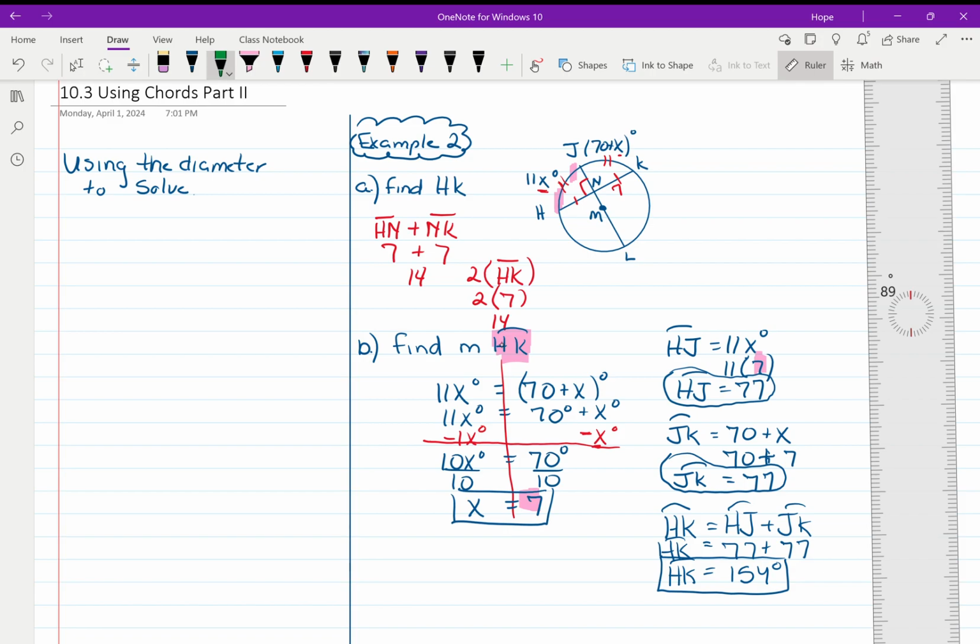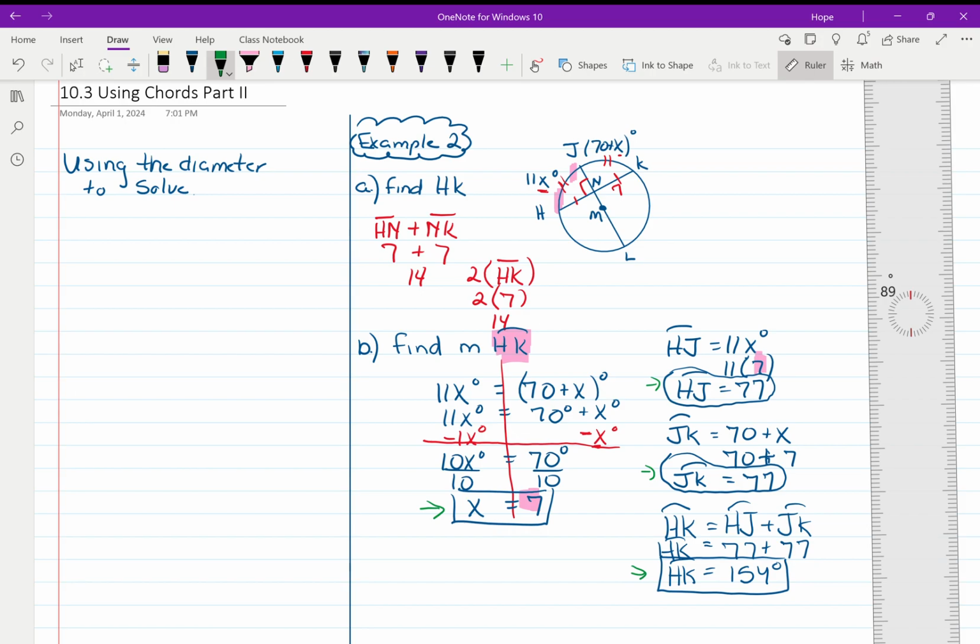Then you have to go back in and get your arc, or you could take one of the arcs and times it by 2. It would still get you the same thing. But what we did was we checked to make sure that both arcs ended up being the same.